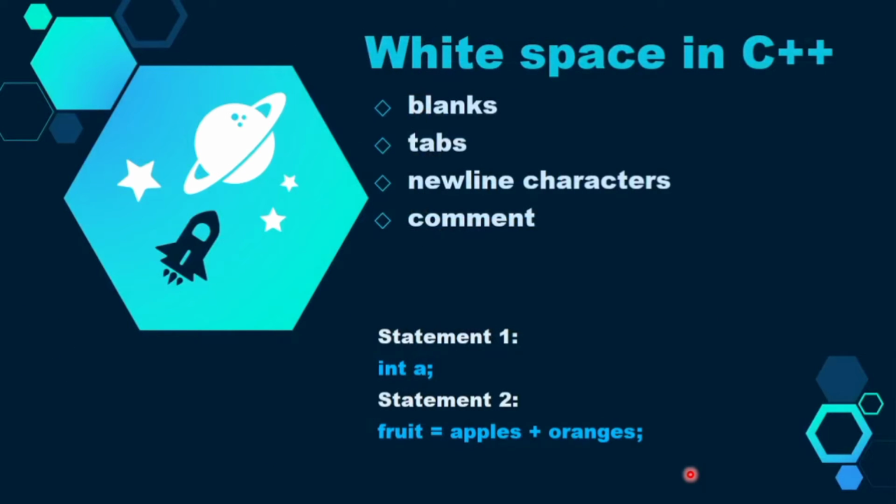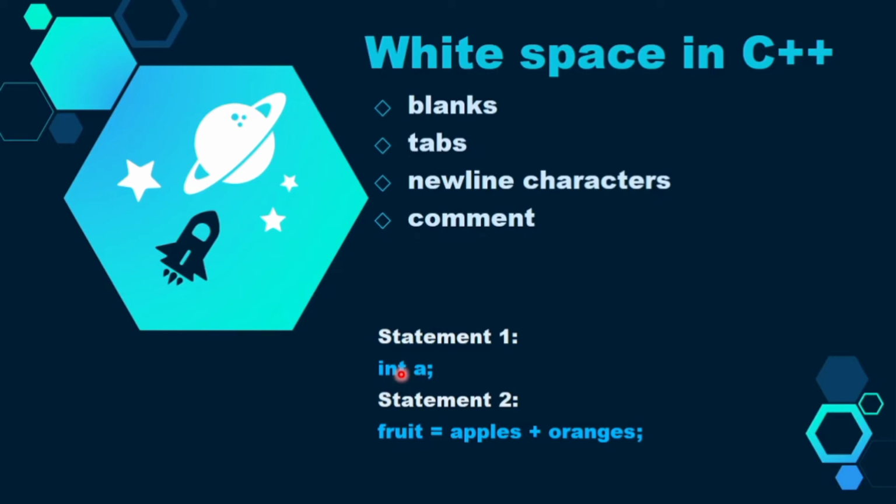A line containing only white space, possibly with a comment, is known as a blank line, and the C++ compiler totally ignores it. White space is the term used in C++ to describe blanks, tabs, newline characters, and comments. White space separates one part of a statement from another and enables the compiler to identify where one element in a statement, such as int, ends and the next element begins.